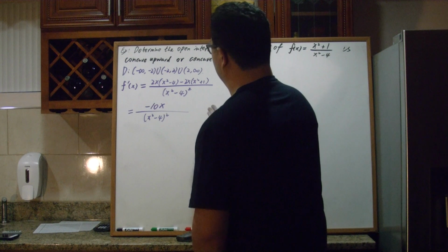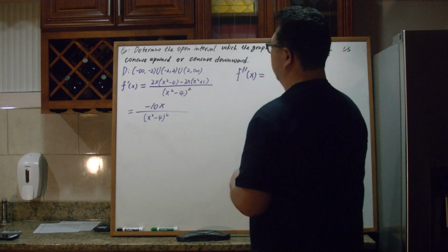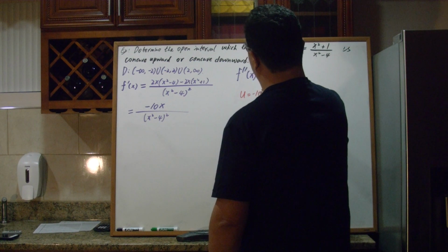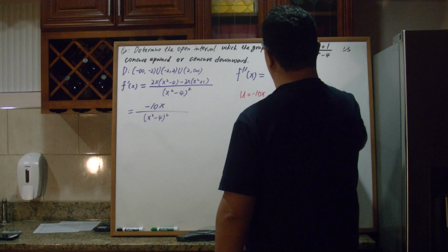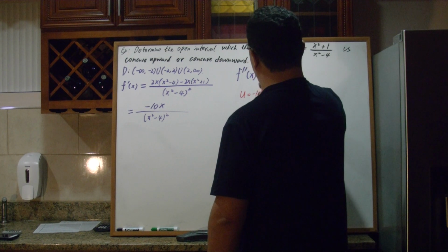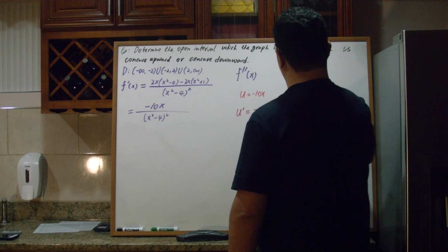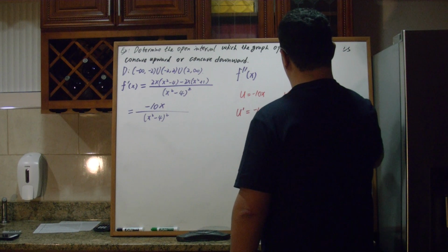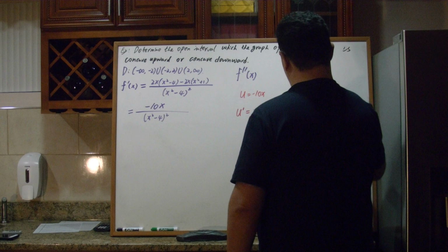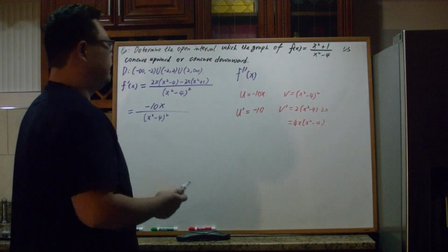For the first derivative we may erase that later. u is negative 10x, v is x squared minus 4 to the second power, u prime is negative 10, v prime is 2 times x squared minus 4 times 2x, that is 4x times x squared minus 4. That's all u prime and v prime.